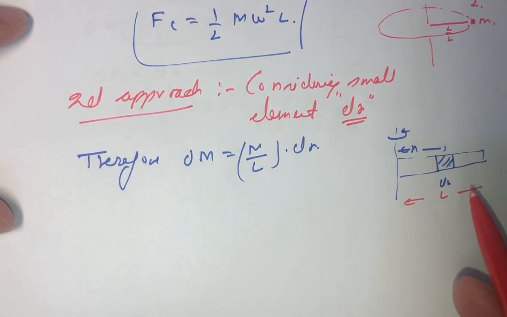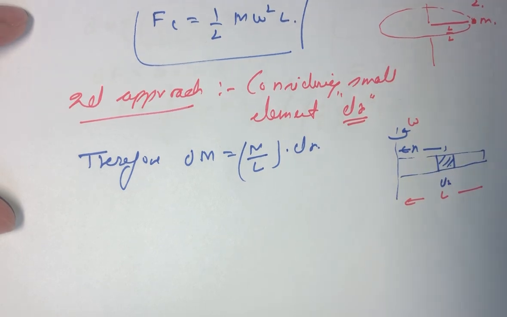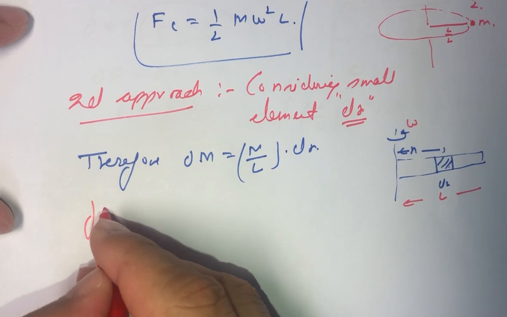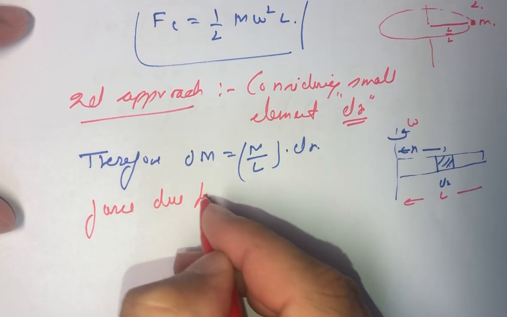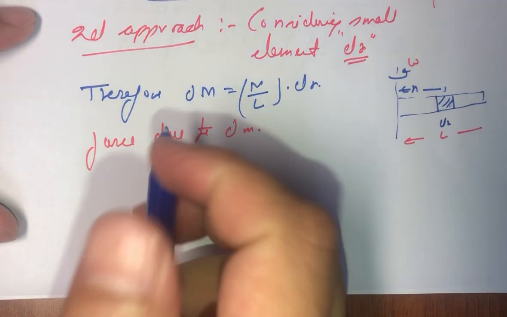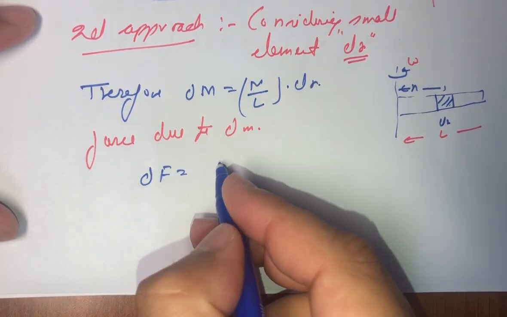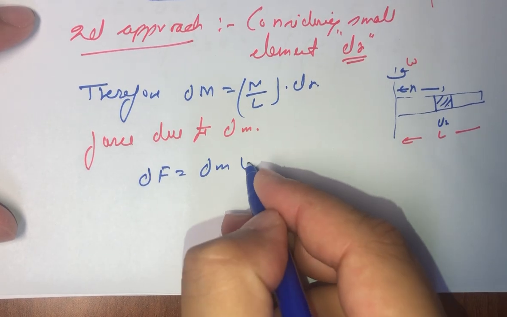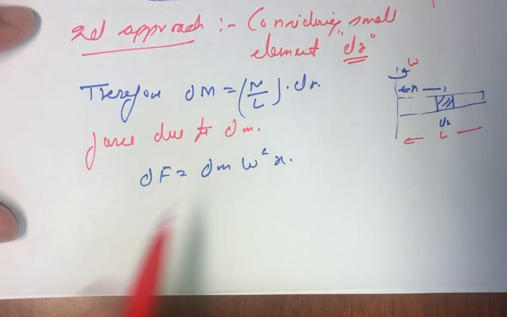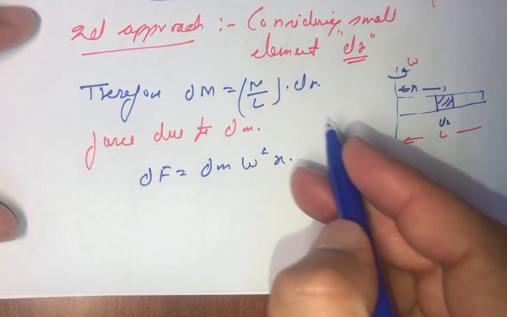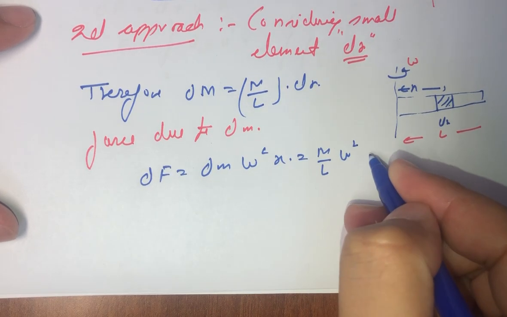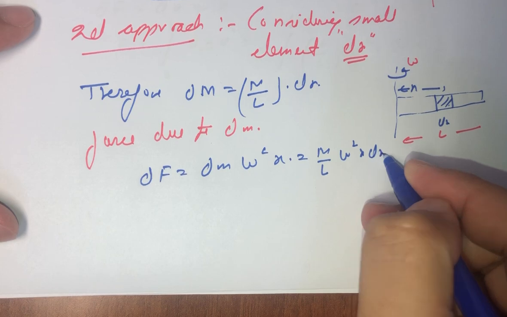So the force due to dm, we can write that dF will be equal to dm omega square x, and substituting dm, we get m by L omega square x dx.